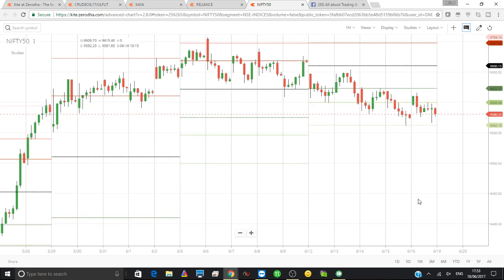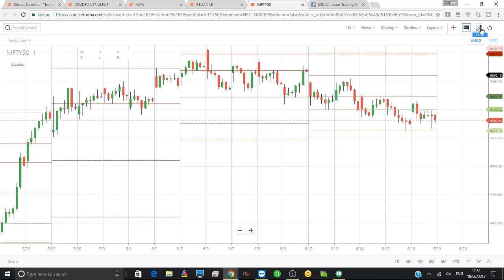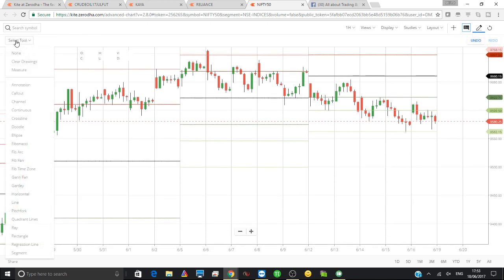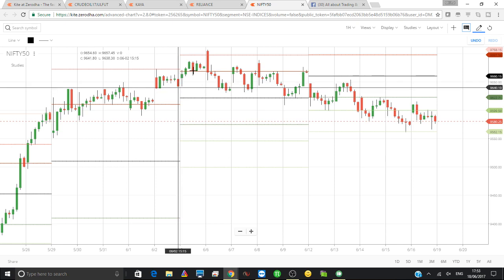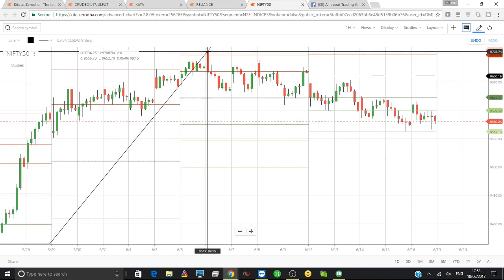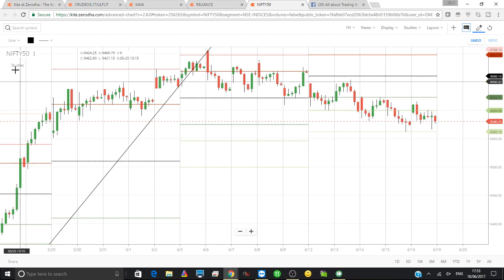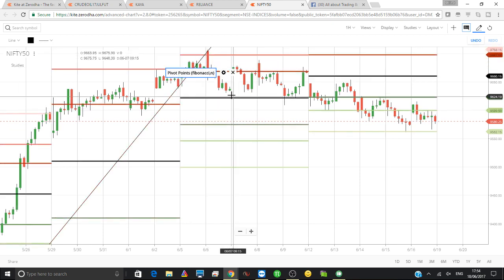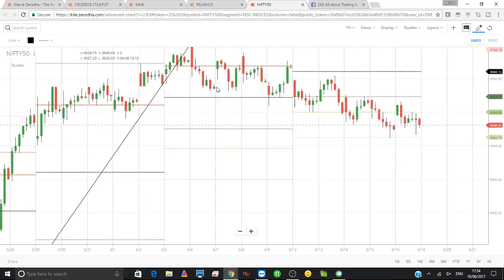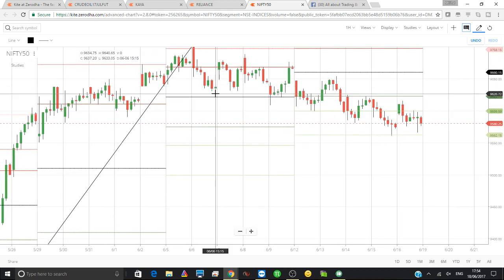Let me quickly draw those lines for you. I'm not very comfortable with this particular charting, but let me see if I'm able to show you something.